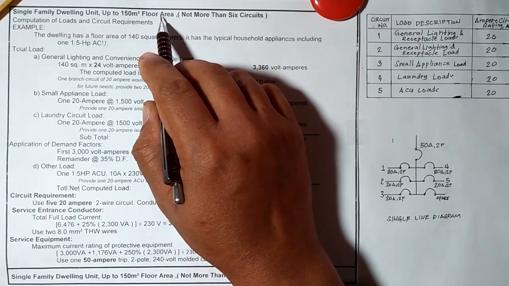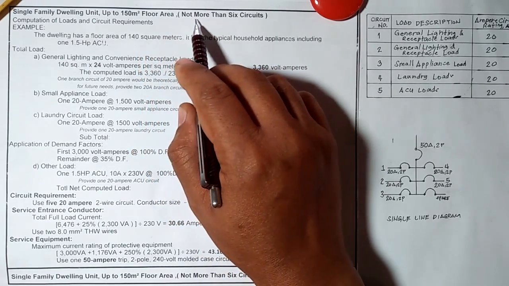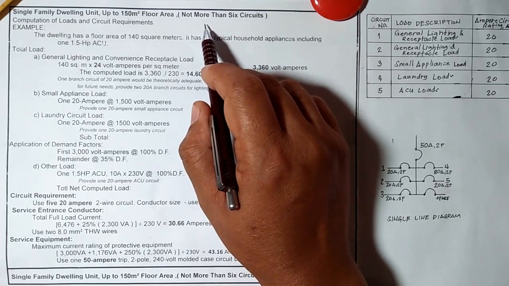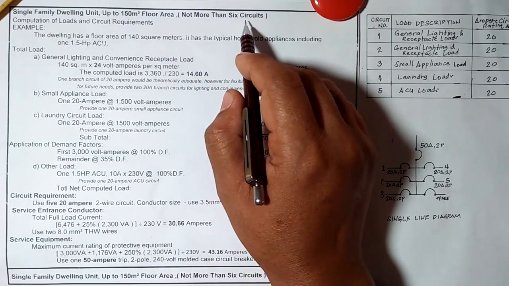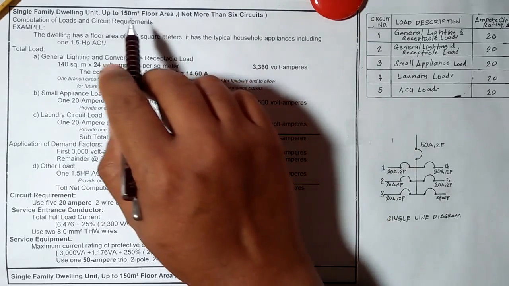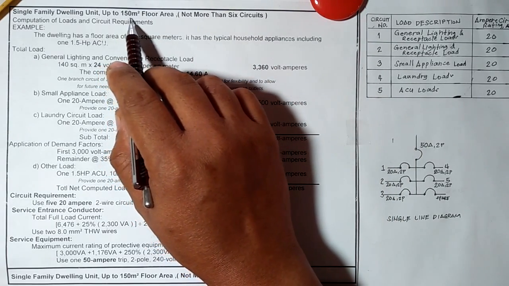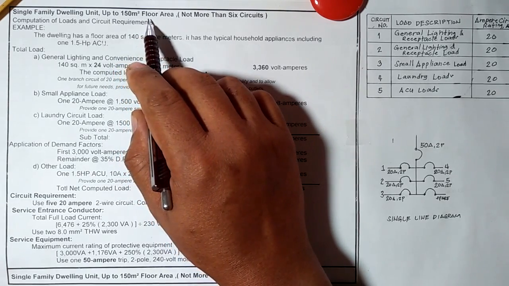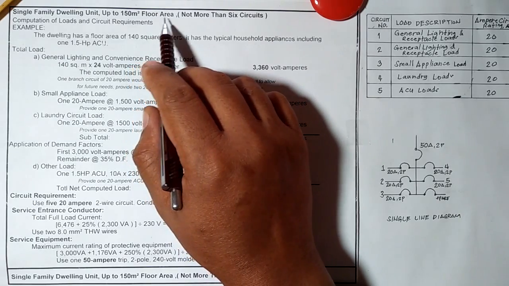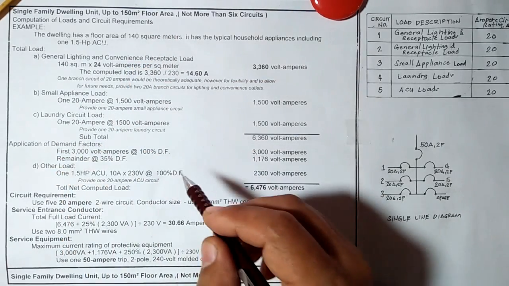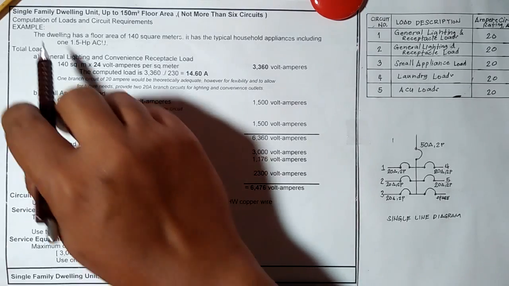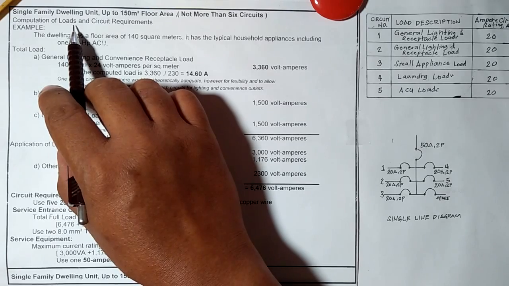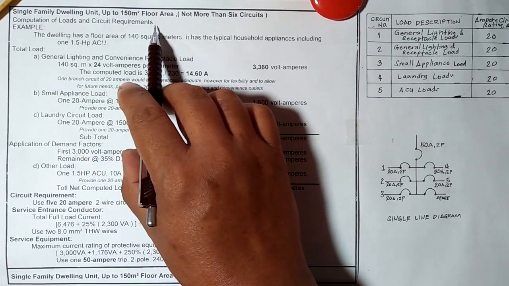So it's a bigger floor area, not more than 6 circuits, so having 2 up to 6 circuits. Okay, we start the computation of loads and then get the circuit requirements.